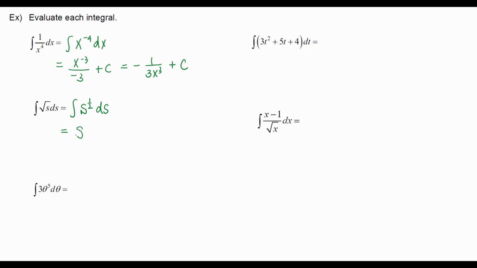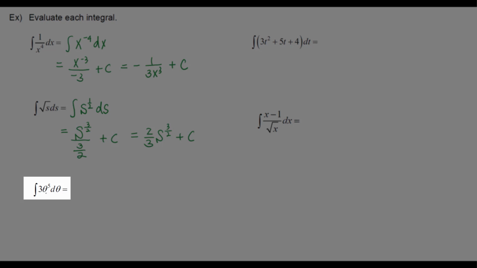That will be s to the 3 over 2 power divided by 3 over 2, plus c. But dividing by a fraction is the same as multiplying by the reciprocal. So whenever my power is a fraction, instead of dividing by the fraction, multiply by the reciprocal, which is 2/3 of s to the 3 over 2 plus c.